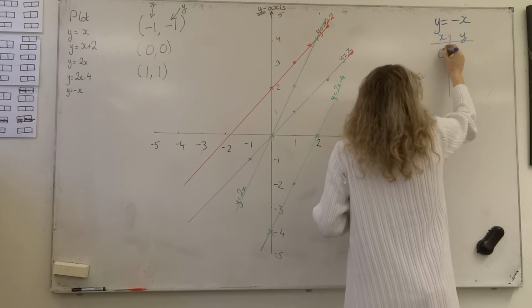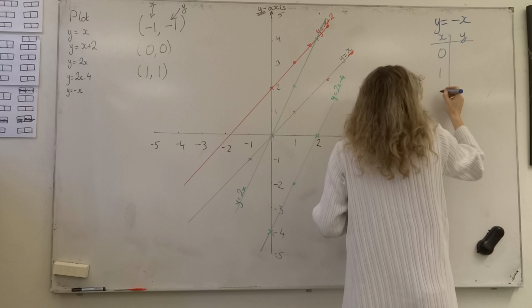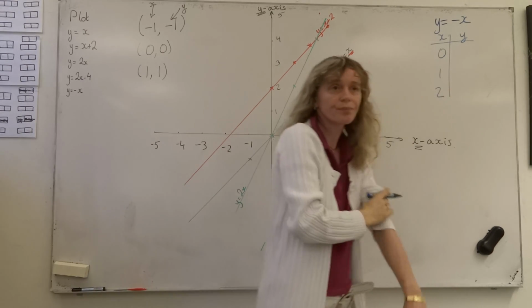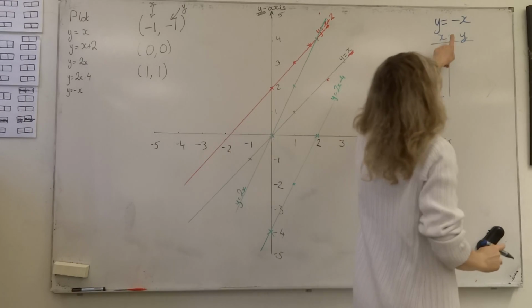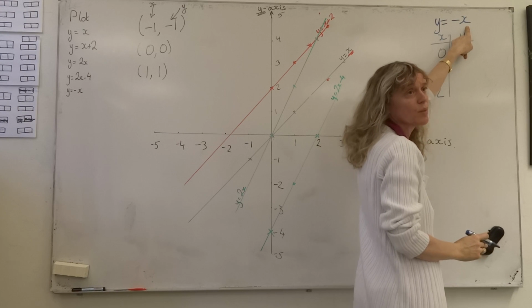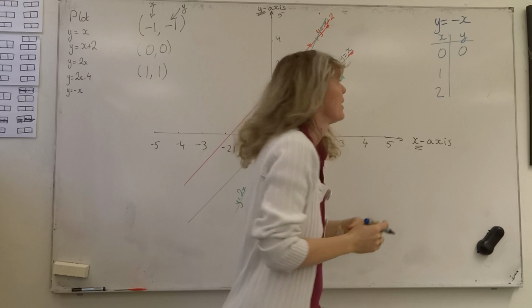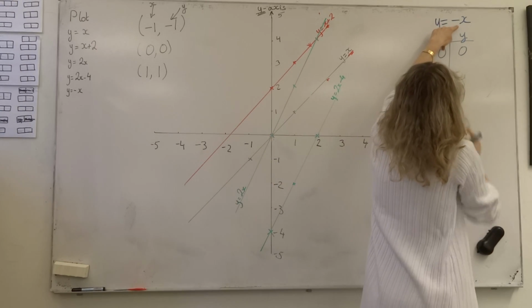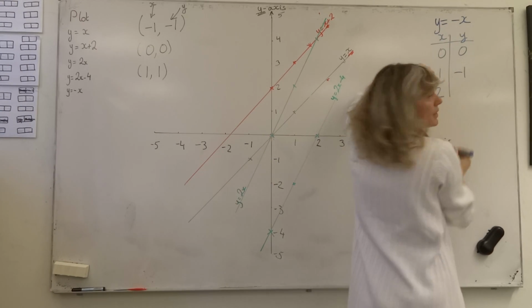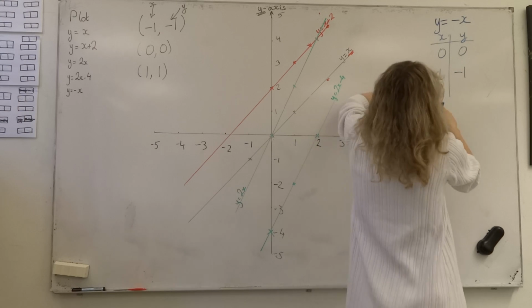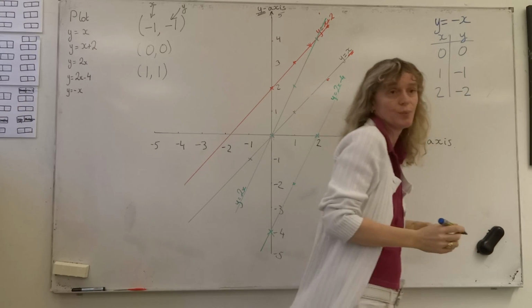Let's take some simple values of x, 0, 1 and 2. And we now say that y equals minus whatever the value of x was. So this is easy. Minus 0 and 0, it's the same thing. But y is minus x. Well, if x is 1, y must be minus 1, the negative of it. If x is 2, y must be minus 2.